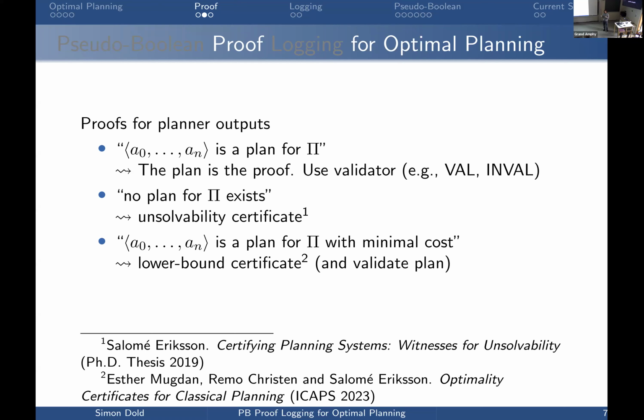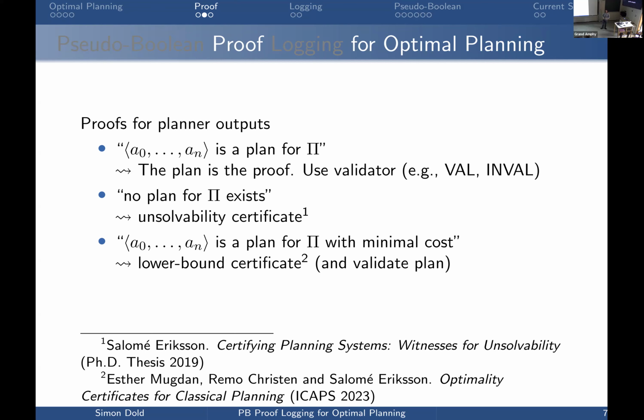The other possible output is that the planner says no plan exists. For that, there is a line of research by Salomé Eriksson, and she provided some unsolvability certificates that work on unreachability and unsolvability of different states and sets of states. And this line of research was also extended for optimal planning.